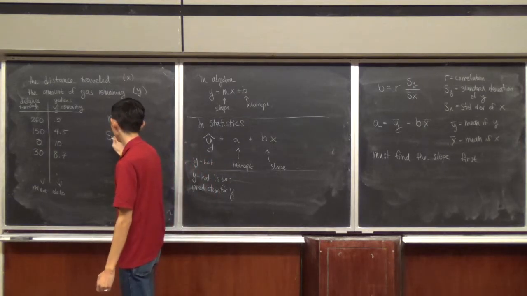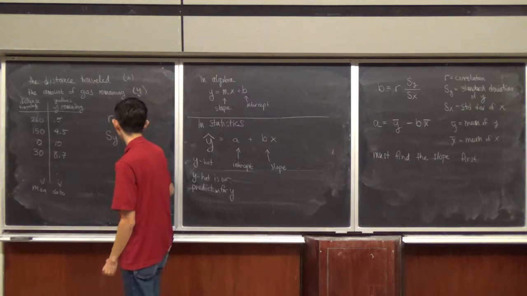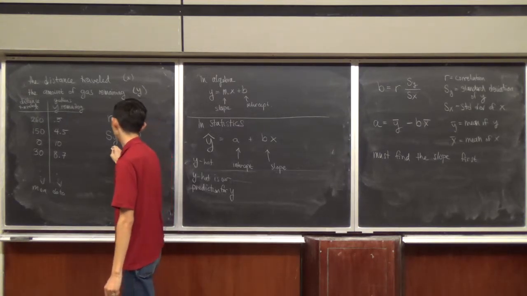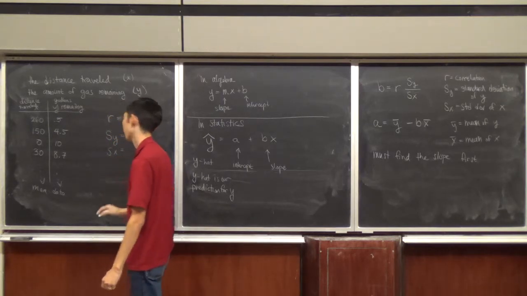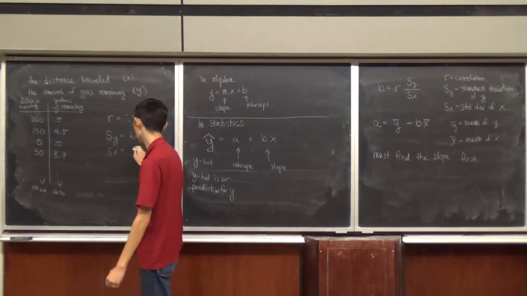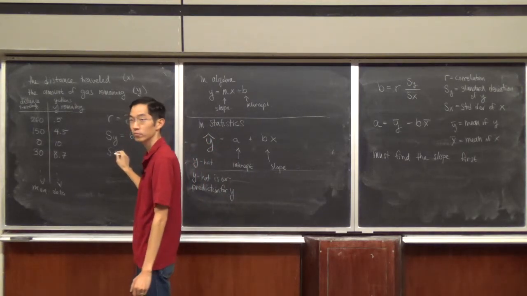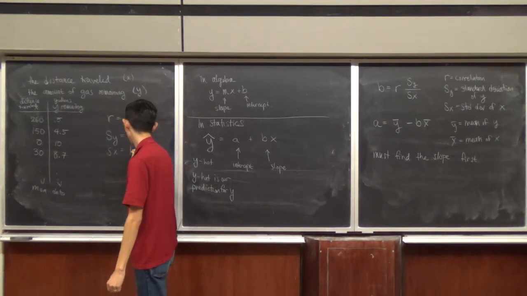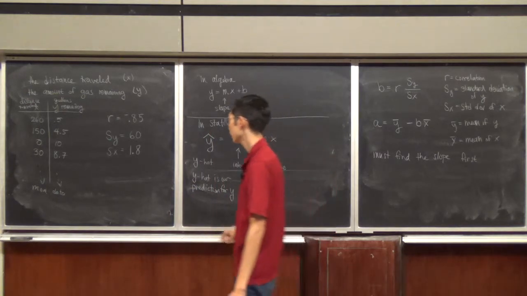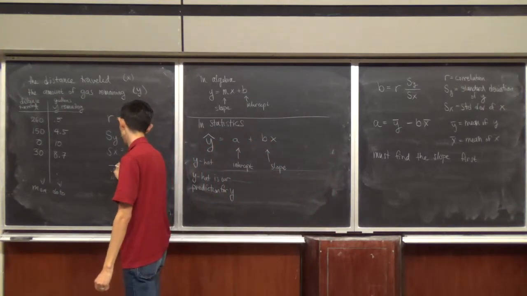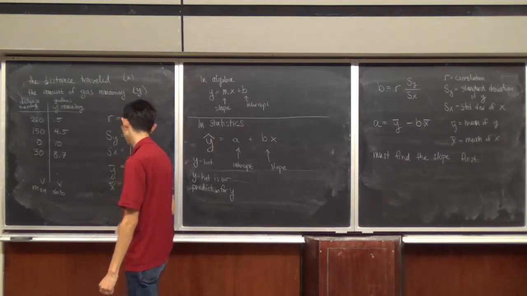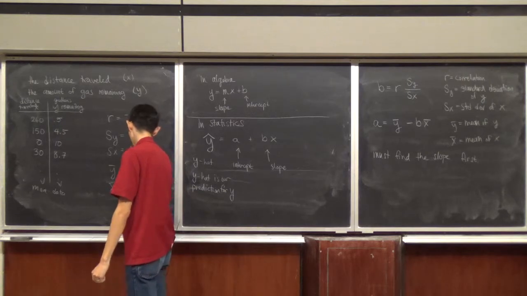Let's say the standard deviation for y is 60, and the standard deviation for x is 1.8. Let's say the mean of y is 150, and the mean of x is 5.